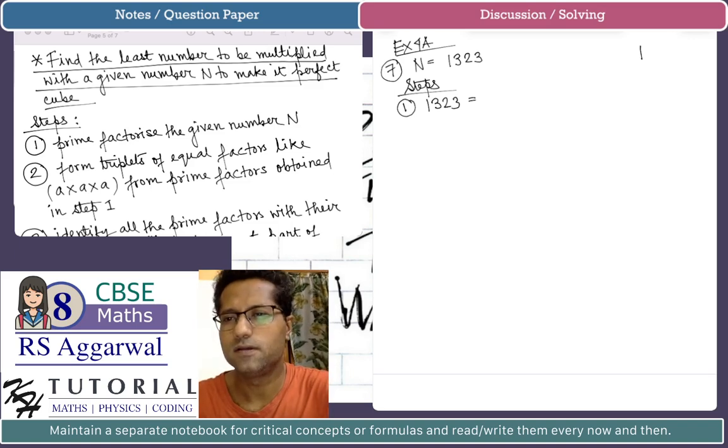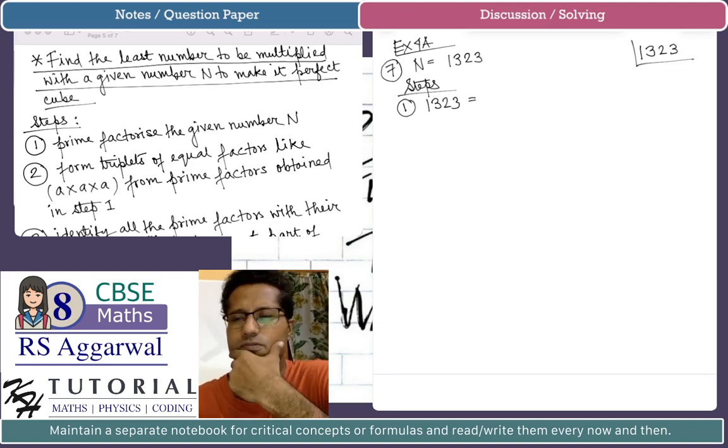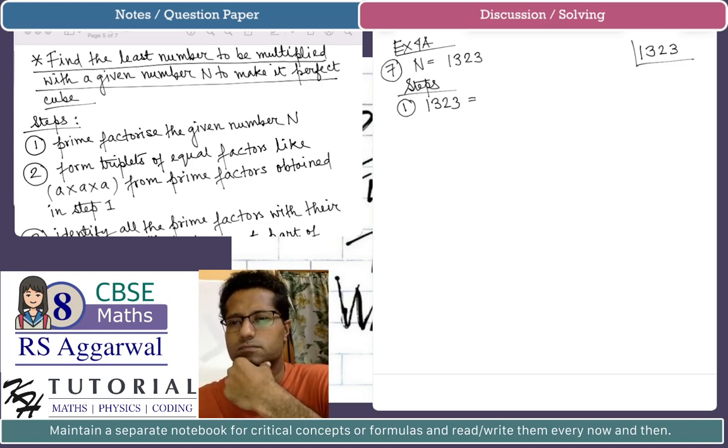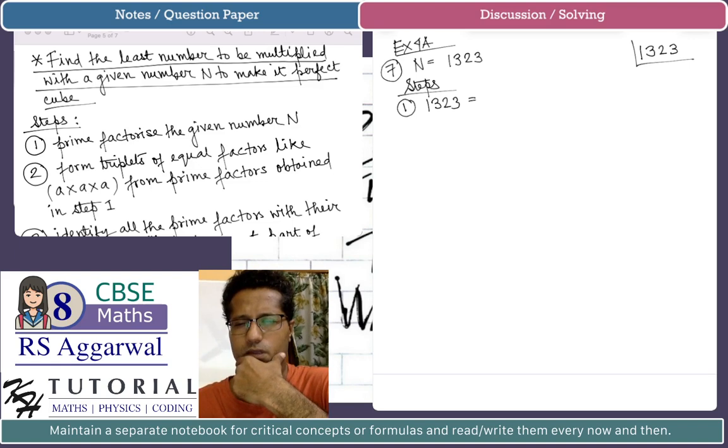So let's find the prime factors of 1323. This is where I sometimes struggle to find the prime factors, because I am not really familiar with playing with numbers, I can't figure out by which prime numbers it will be divisible.